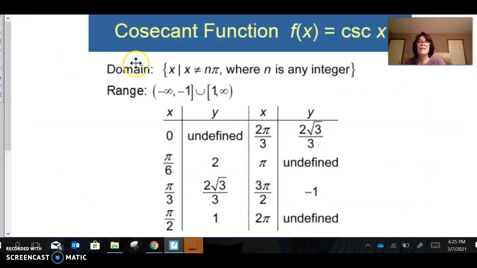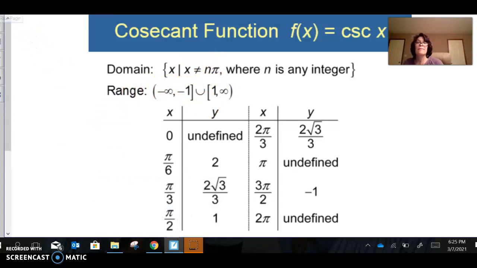Cosecant, then, the domain is all x's except if x is in n pi, because then that's going to be a vertical asymptote. I can't flip 0. Okay, so the range, notice how the range, instead of going from negative 1 to 1 like sine is, the range is the opposite of that. It goes from negative infinity to negative 1 in union with 1 to infinity.